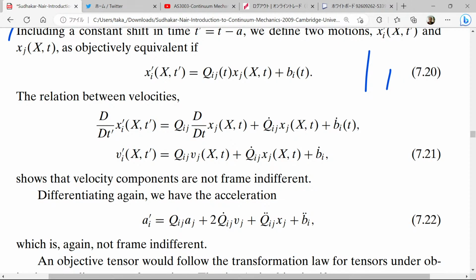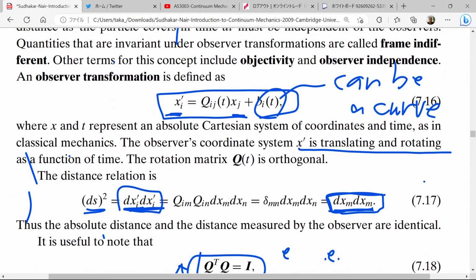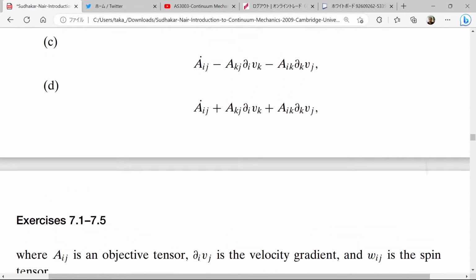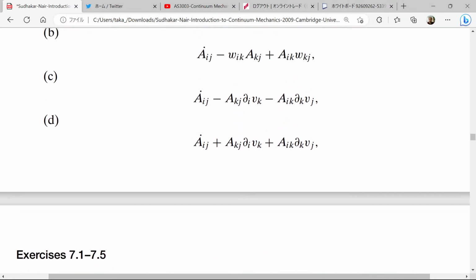What was frame independent? I think there was a definition before. Was there a definition before?